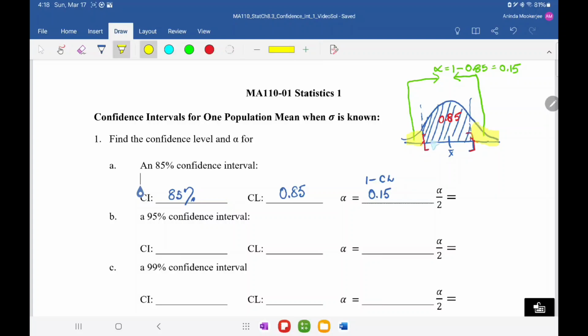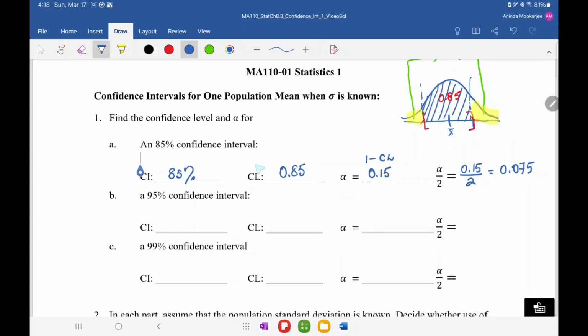And because of that, all we do to find alpha by 2 is take your alpha and divide it by 2. So it's going to be 0.15 divided by 2, which is going to be equal to 0.075. Right?